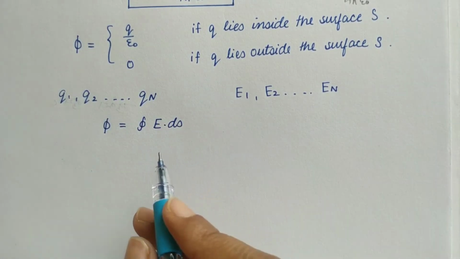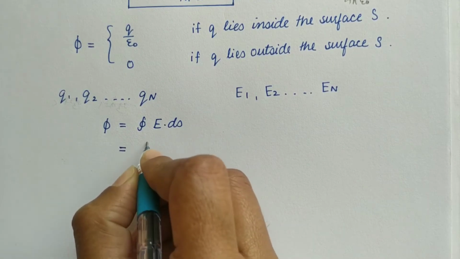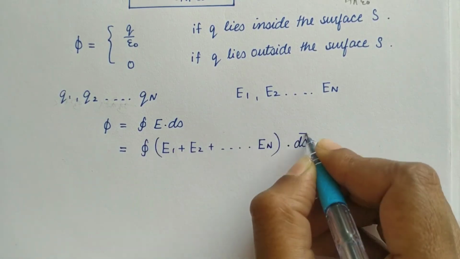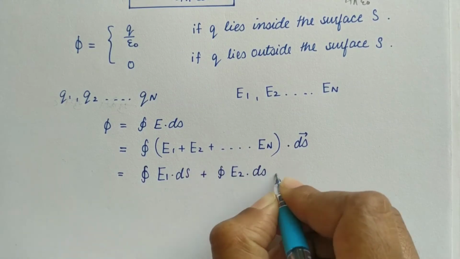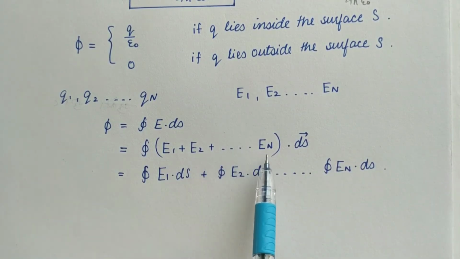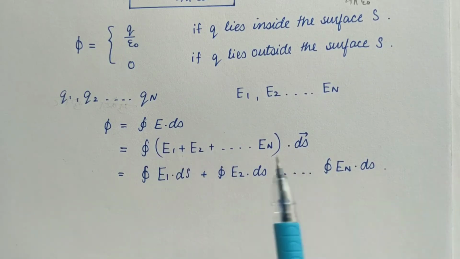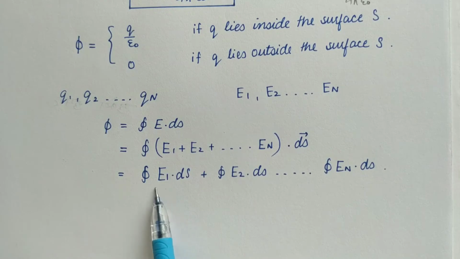this is the simple formula of the flux, phi equals integral of E dot ds, putting the values. So we get E1 plus E2 and so on till En in place of E, and ds as it is. Then multiplying them, we will get E1 dot ds plus E2 dot ds and so on till En dot ds.